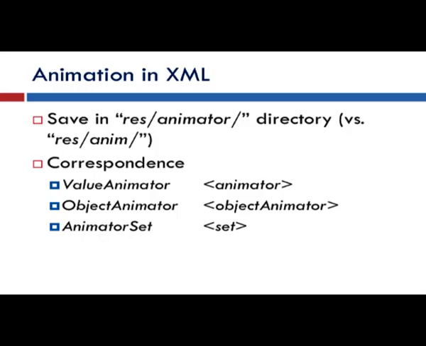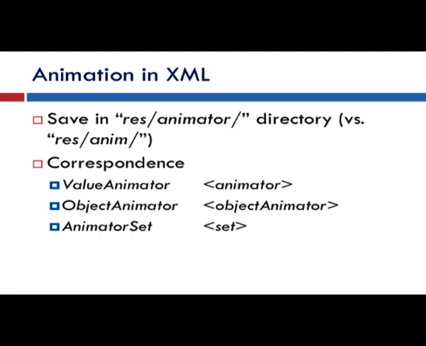However, as I mentioned earlier, the code is a little bit of a problem to some, because it is not concise. So you can specify your animations inside XML, as Pushpak has explained earlier. In this case the directory is animator, inside the res resource directory, not the anim directory.